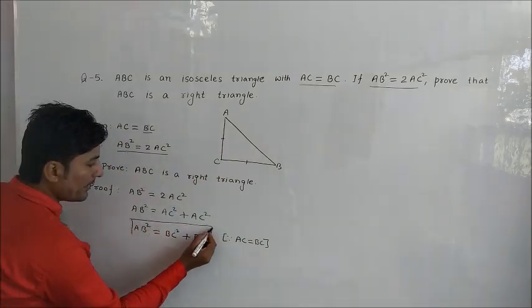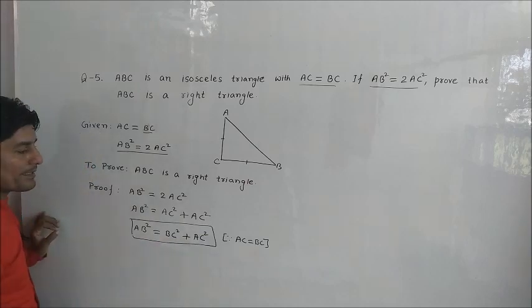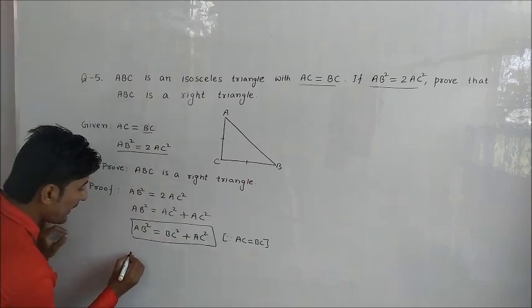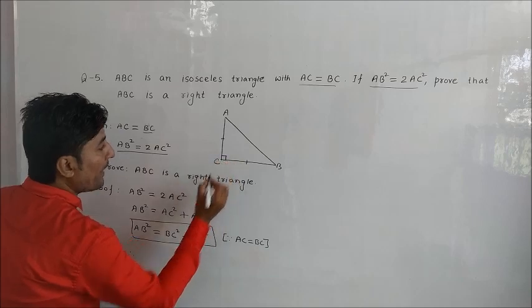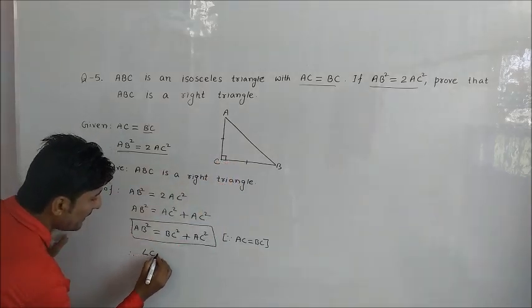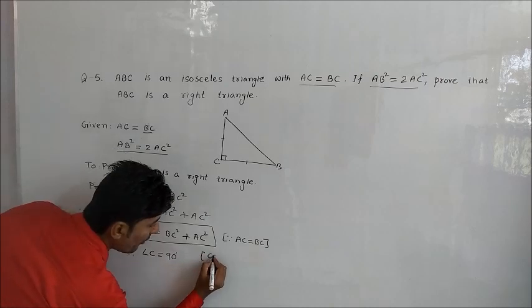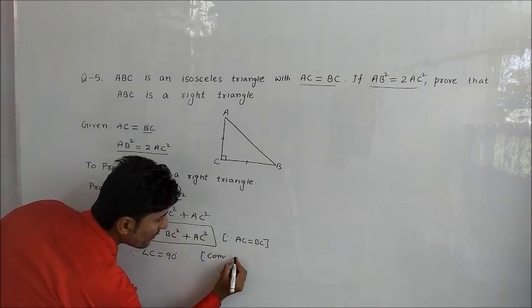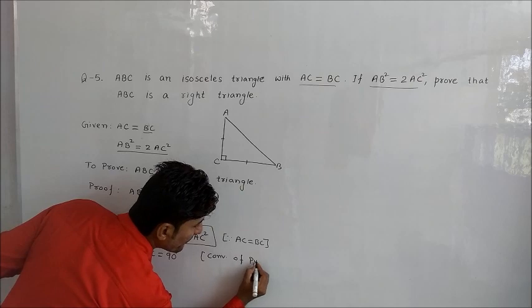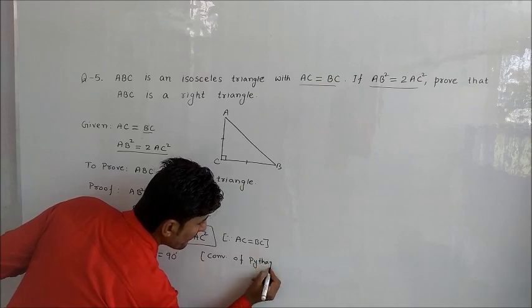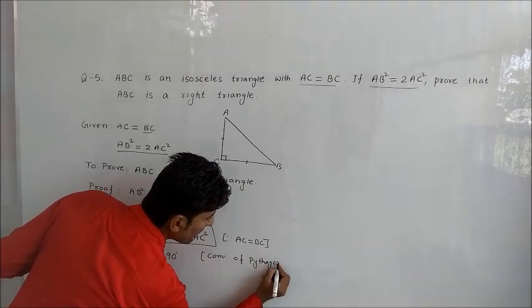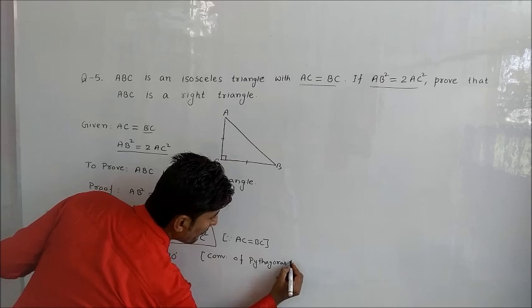Since AB square is equal to BC square plus AC square, we can say that angle C must be equal to 90 degrees by converse of Pythagoras theorem.